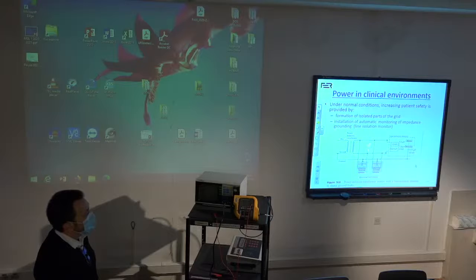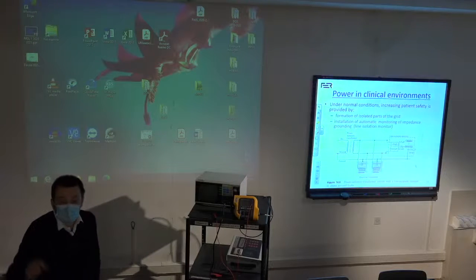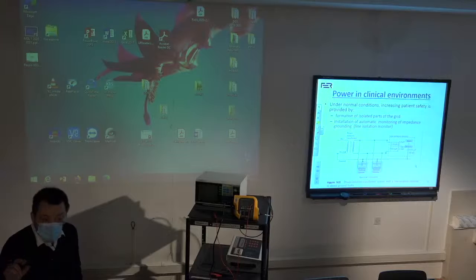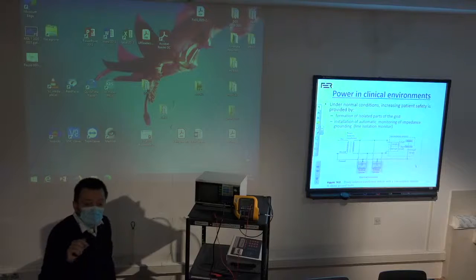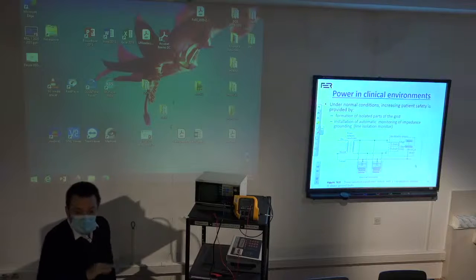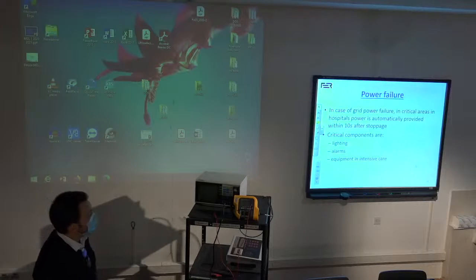What's happening here is that these devices measure the currents in the ground wire and in the neutral wire, and based on the difference in the voltage, in case the voltage is higher than prescribed by a standard, they will cut the circuit out.